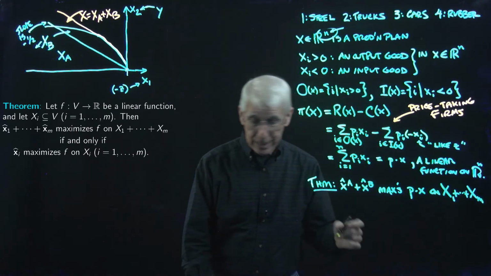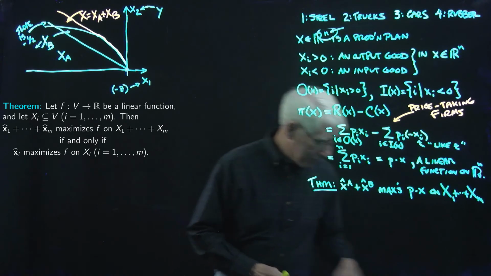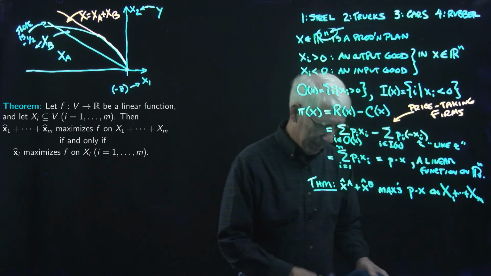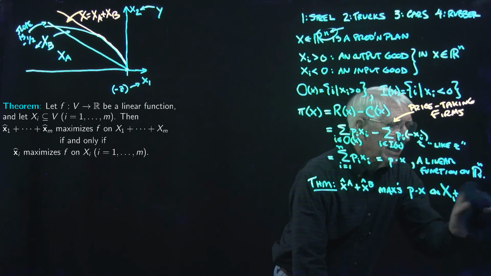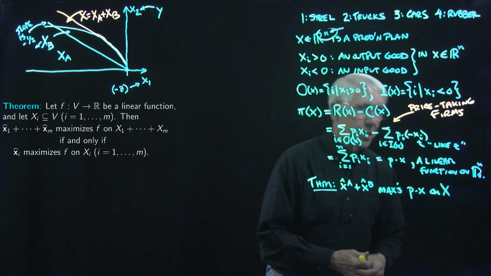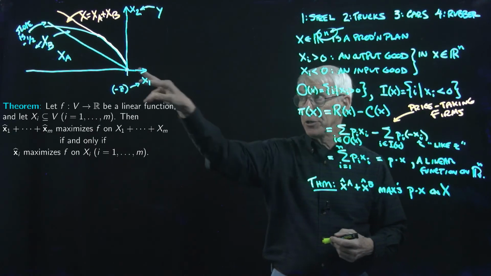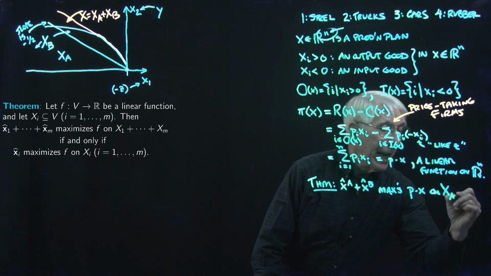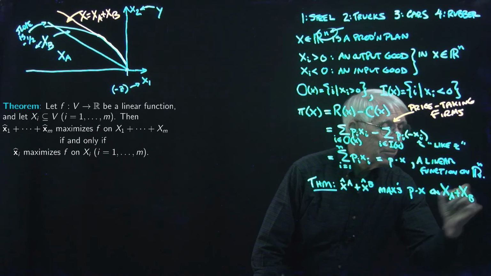Okay. Well, actually, here we only have two sets. So let's actually fix that, let's change this to square with what we're doing with just the two firms. So let's say this is x^A plus x^B.